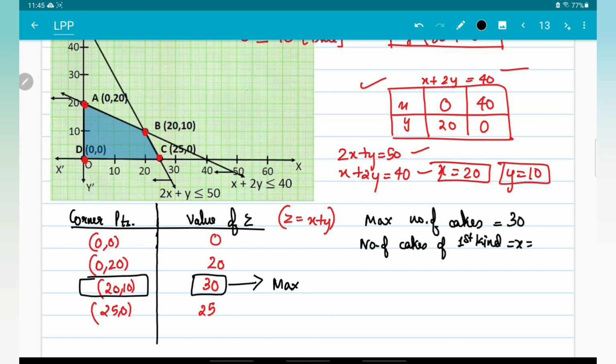So the number of cakes of first kind, x, will be equal to 20, and the number of cakes of second kind, which we took as y, is 10. So with this we found the answer: the maximum number of cakes is 30, the total number of cakes of first kind is 20, and the total number of cakes of second kind is 10. So with this our question is over.